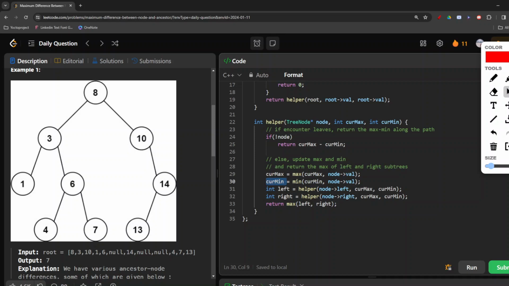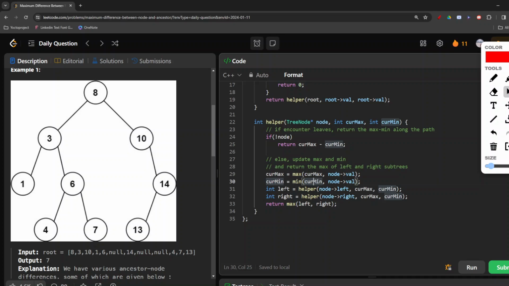If it was greater than the max, then it would be stored here. If both of these are the same, then surely at that point the difference would be zero. But that is a possibility only when the previous values were minimum or maximum as per that. That could be possible if all the nodes are the same, but that would be a rare case.